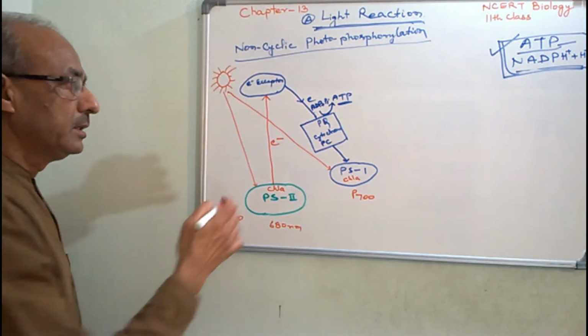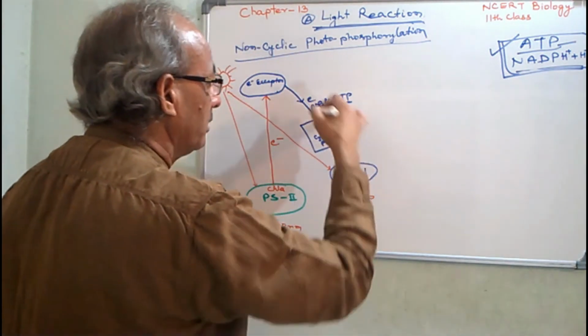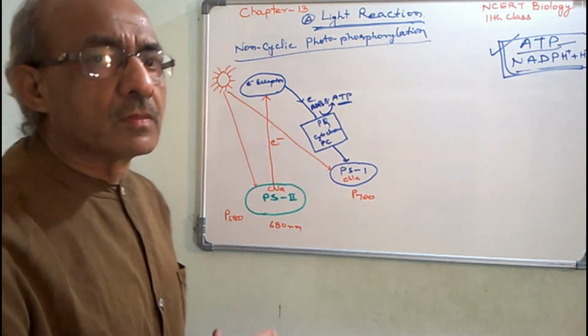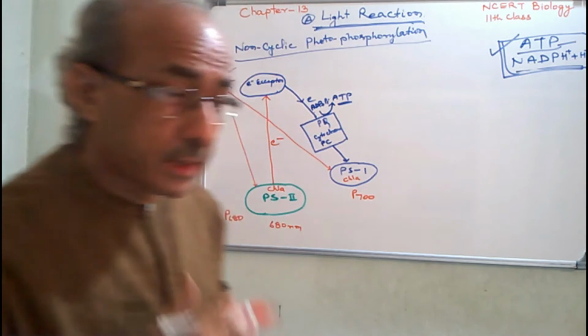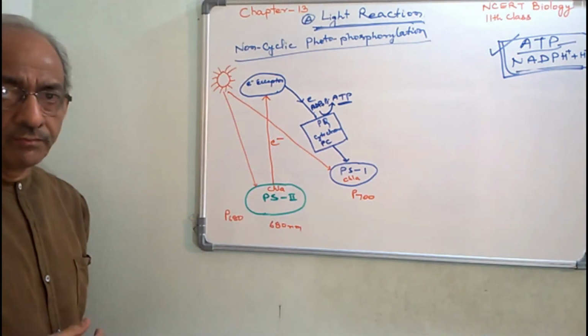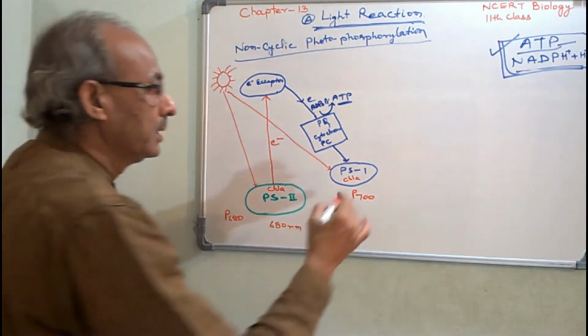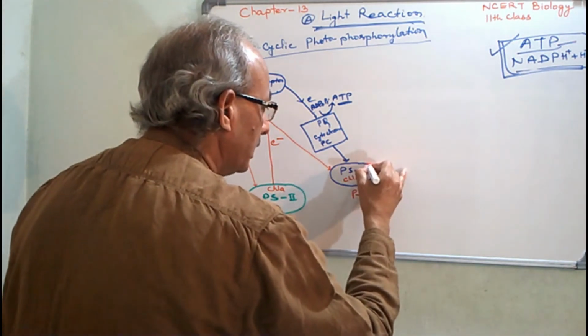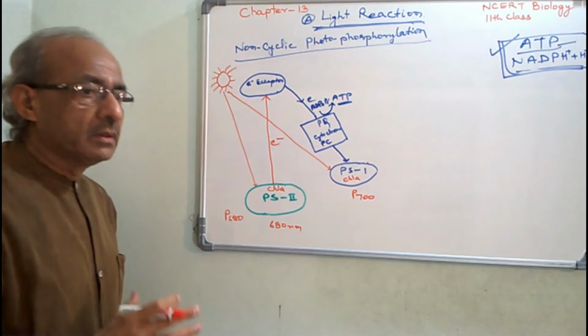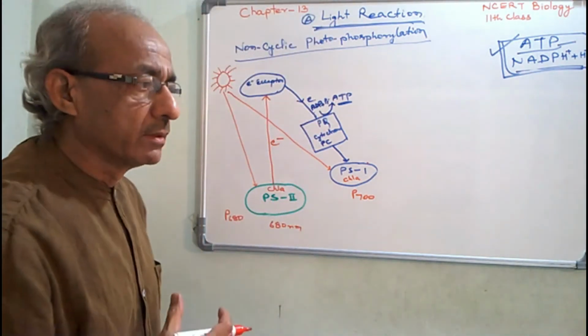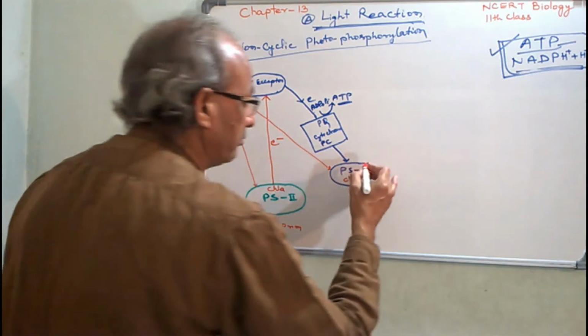Here the electron received from the electron transport system also increases the excitement of this reaction center, and in this way the redox potential is generated to a great extent.